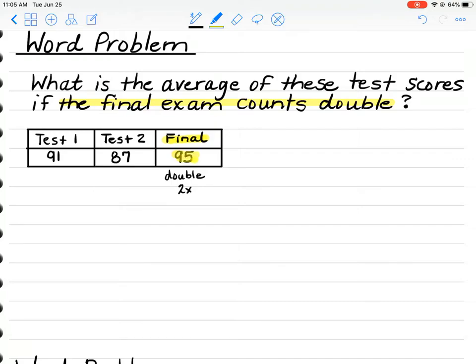But we have to remember that we have to double that final exam. To set up an average problem, they use the word average, so I don't even have to wonder. Remember, average is mean. We want to know what the overall score was.